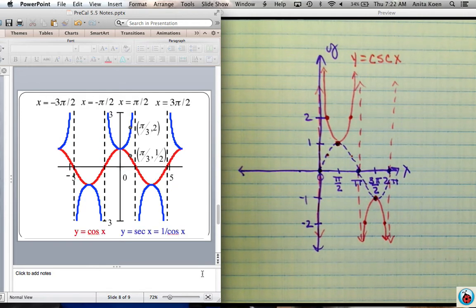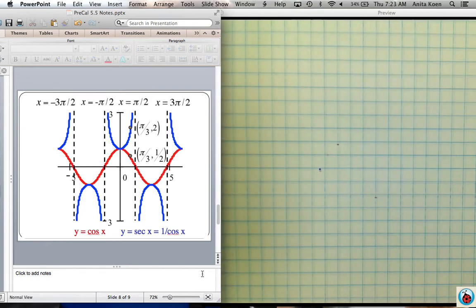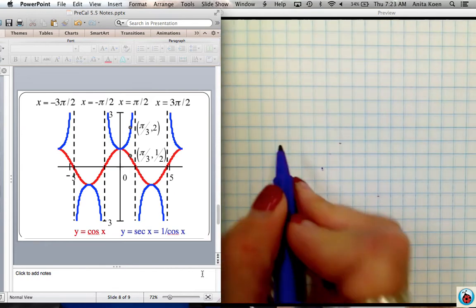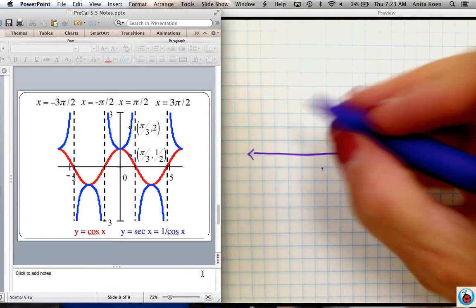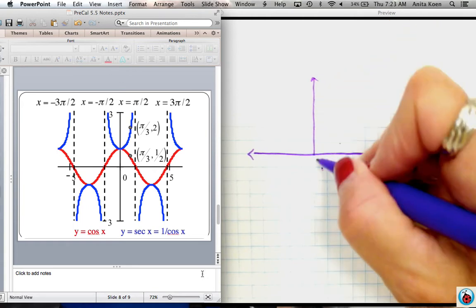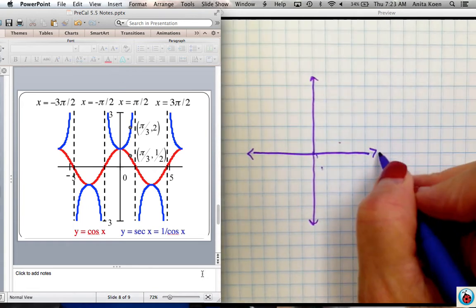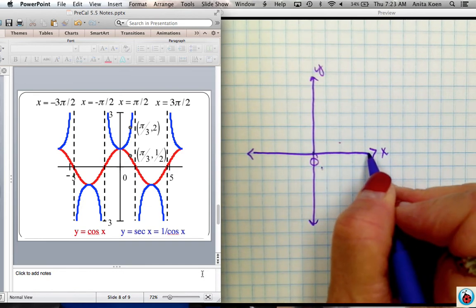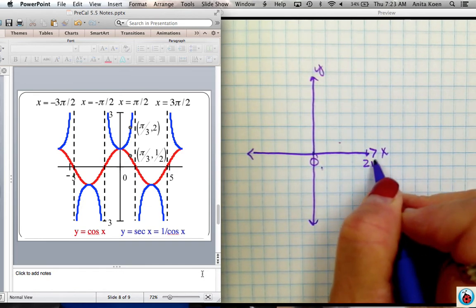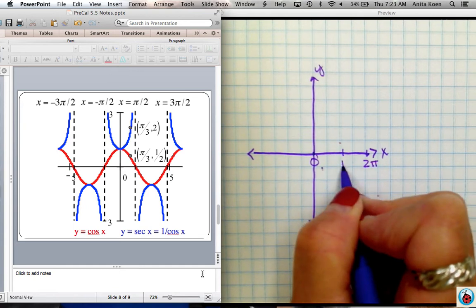The same thing's going to happen with the cosine of x. All you're going to have to do here is start with your cosine, and you should by now know your cosine function pretty well. So we're going to take the cosine function, and again we're going to start at 0, and we're going to come over here to 2 pi. Halfway in between is pi.